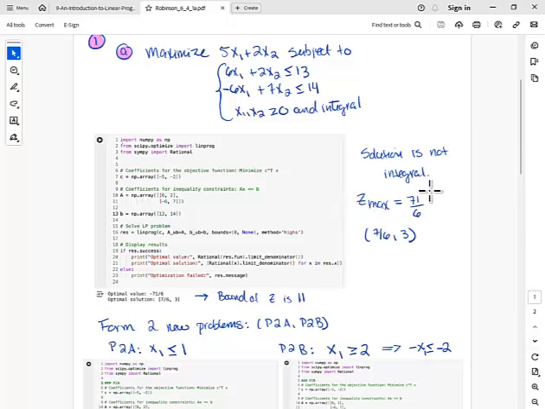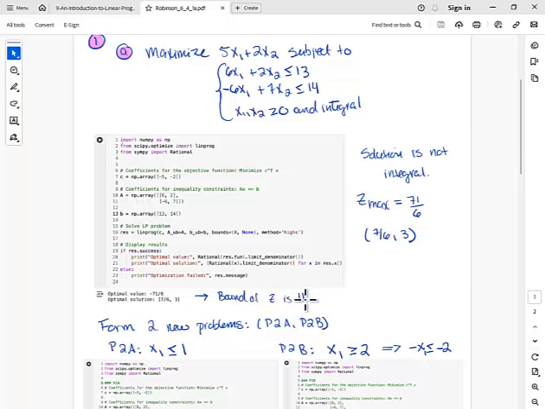Furthermore, we know that the objective function for an integer solution has to be an integer. So the best solution with this integer condition cannot achieve a result better than the biggest integer that's smaller than 71/6. The greatest integer less than 71/6 is 11. So this is the best possible solution, z equals 11.